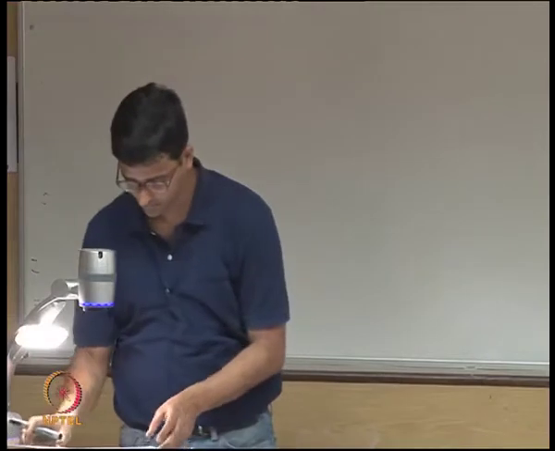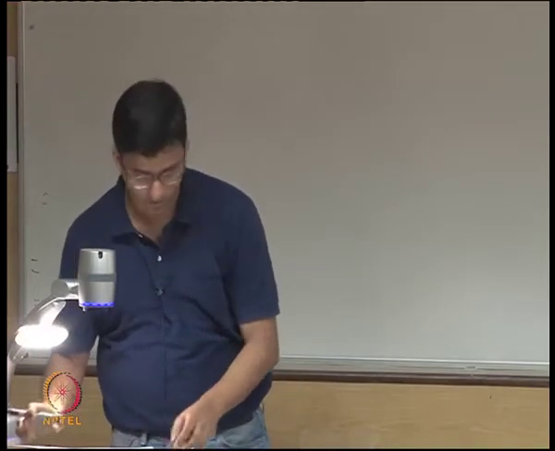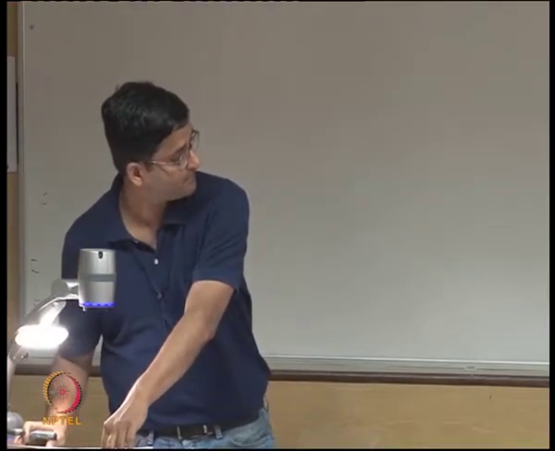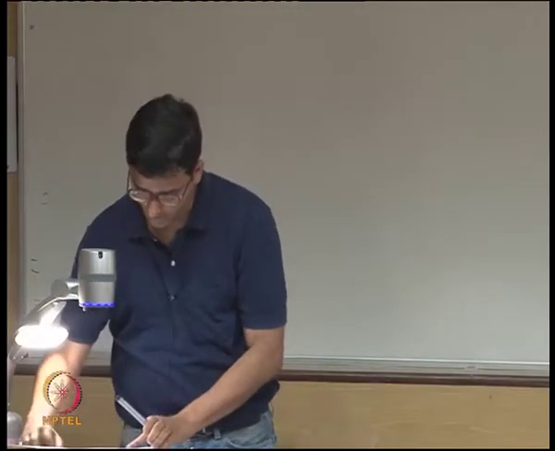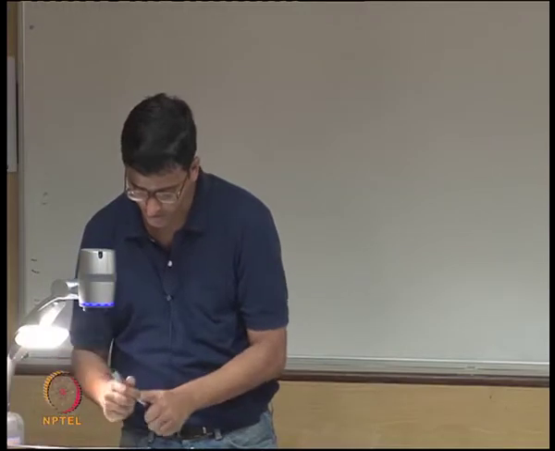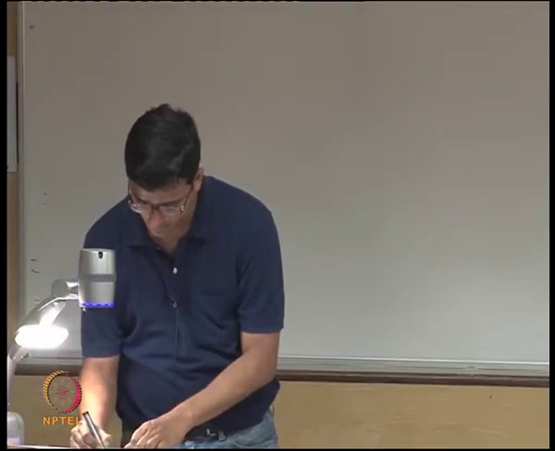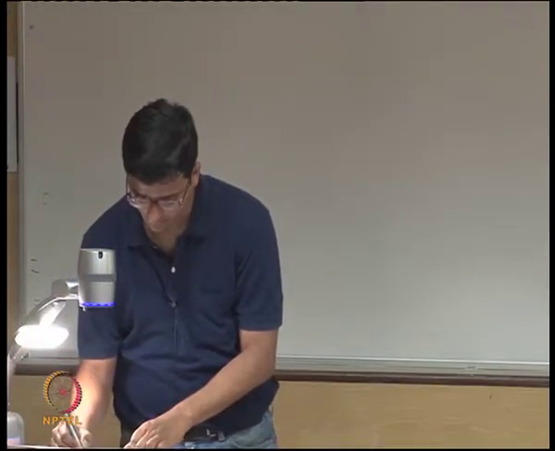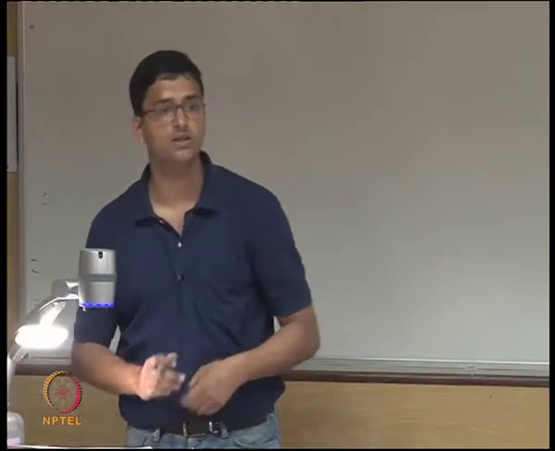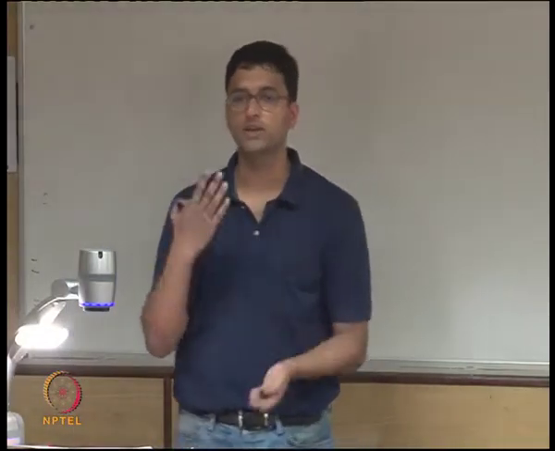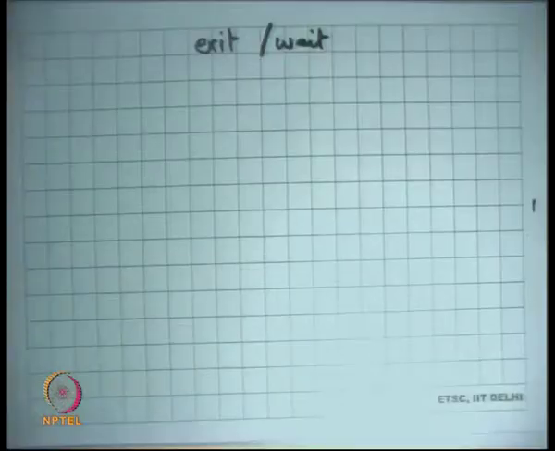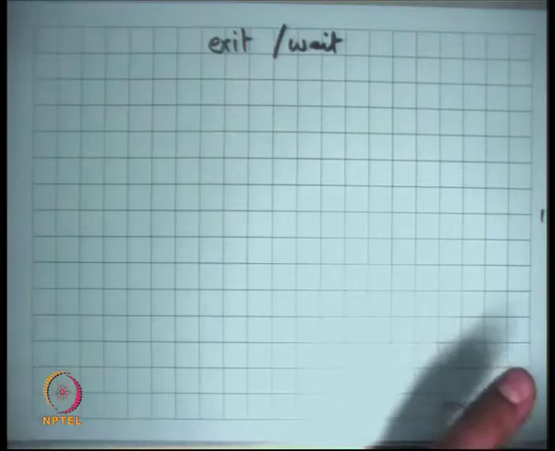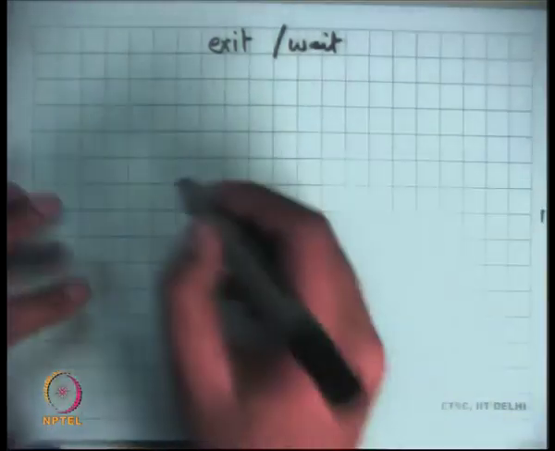All right. So we have seen before the system calls called exit and wait, right. In our discussion on Unix system calls, and also in your lab you may have come across exit and wait. What are the semantics of exit and wait? Let's just revise that.